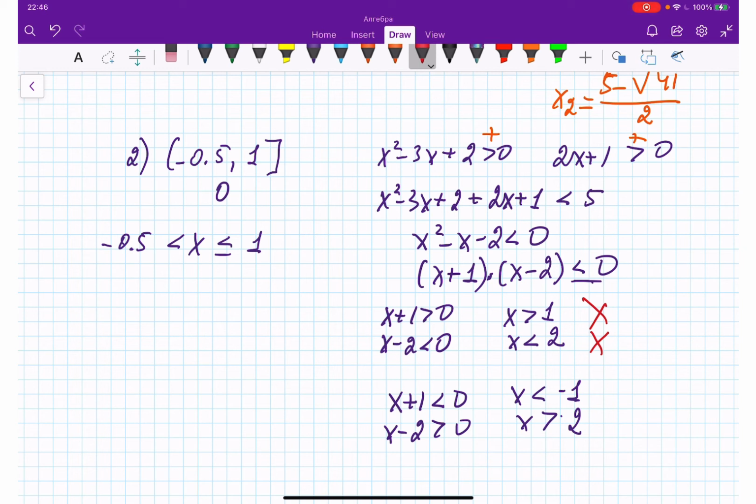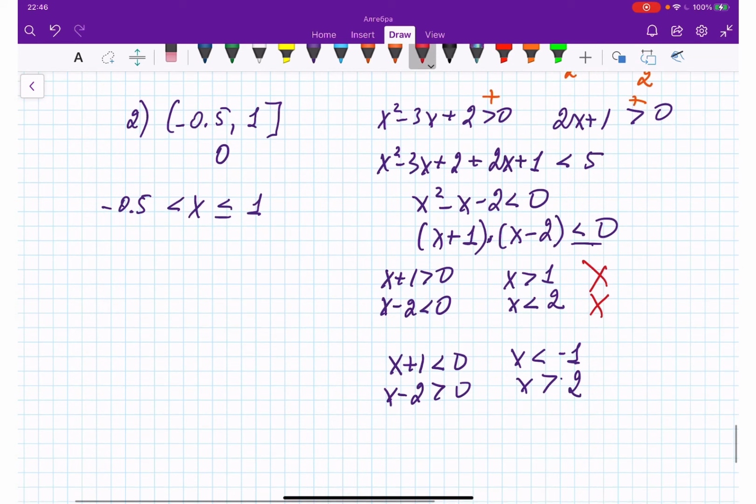Less than negative 1 and greater than 2 is not going to satisfy because less than negative 1 is less than negative 0.5. And x greater than 2 is not satisfying because it's beyond 1.